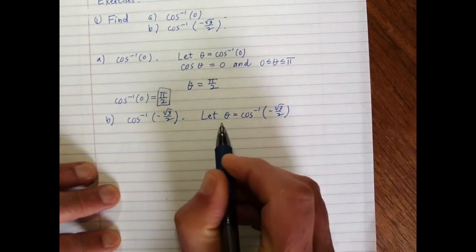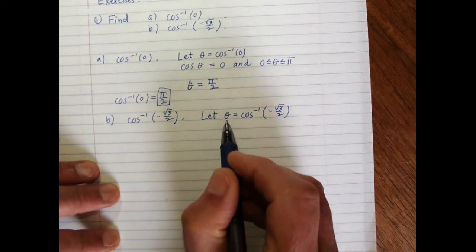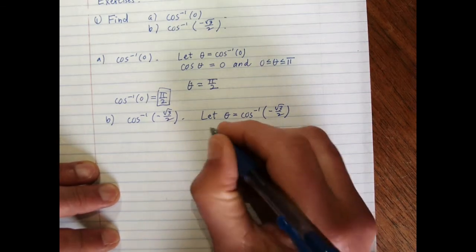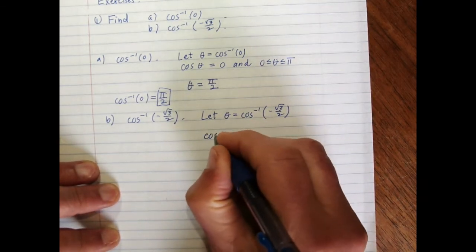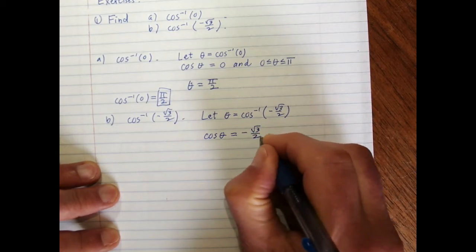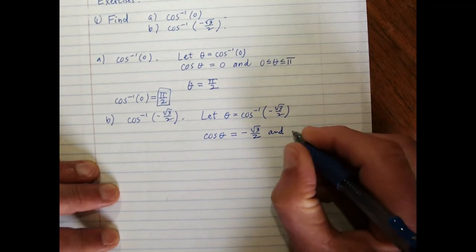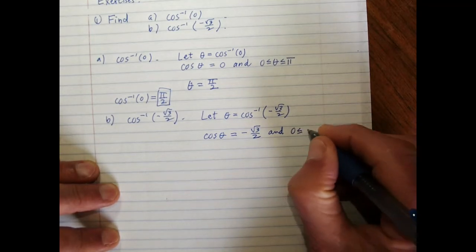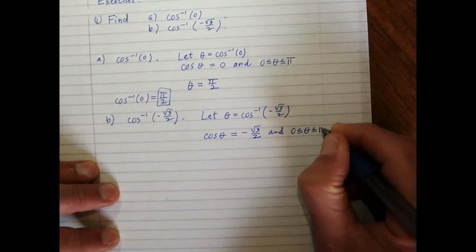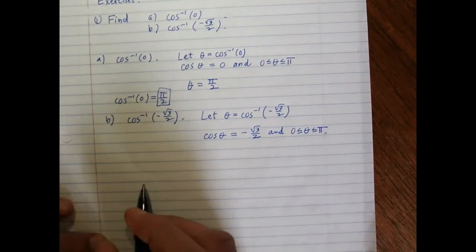This reminds me that we're looking for an angle. We want to find out what theta is. That's what the answer is here. But if I rewrite this as cosine theta equals negative square root of 3 over 2, it's a little bit easier for me to think about it. And my interval of restriction here is 0 to pi.